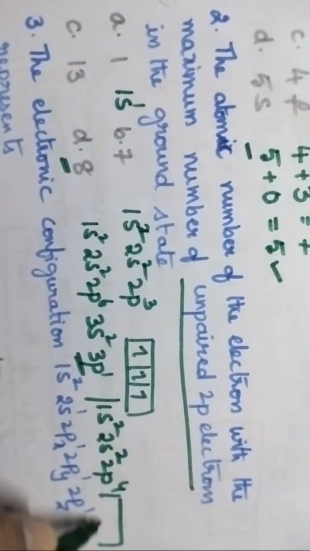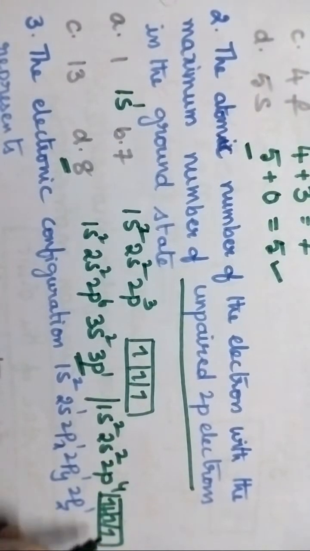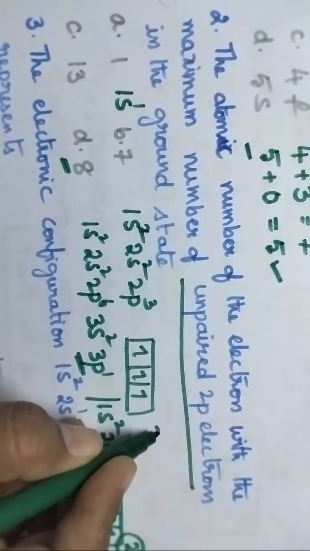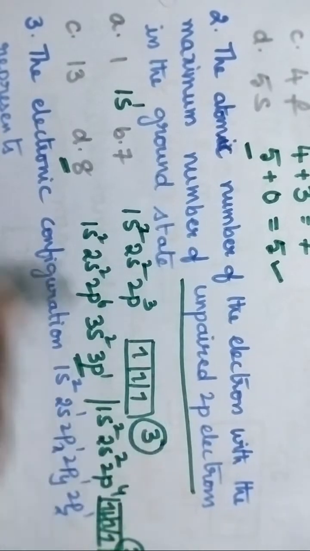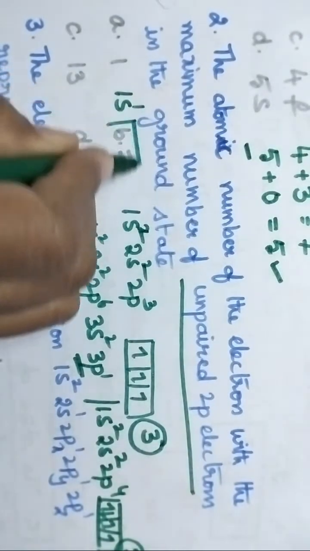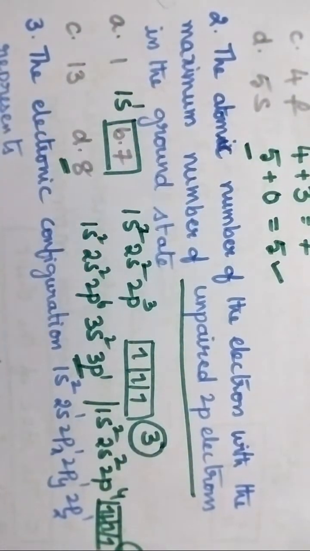In the detailed configuration, one orbital is completely filled. So 2 unpaired electrons. Coming to the option B, 3 unpaired electrons are present. So option B is the right answer. Tilak, very good.